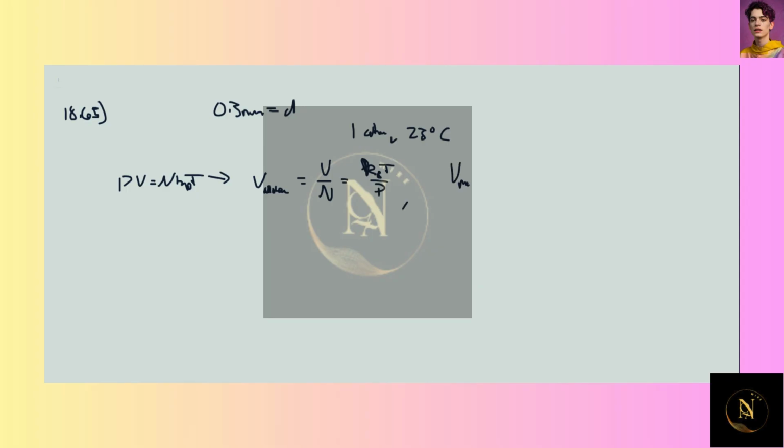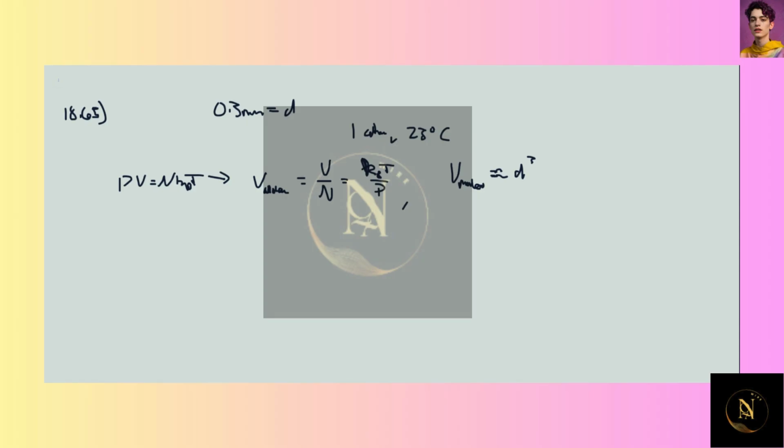Now, the actual V molecule, if we model these as cubical volumes between each molecule on a cubic lattice, this is going to be roughly D cubed, with this D being what we have up there.